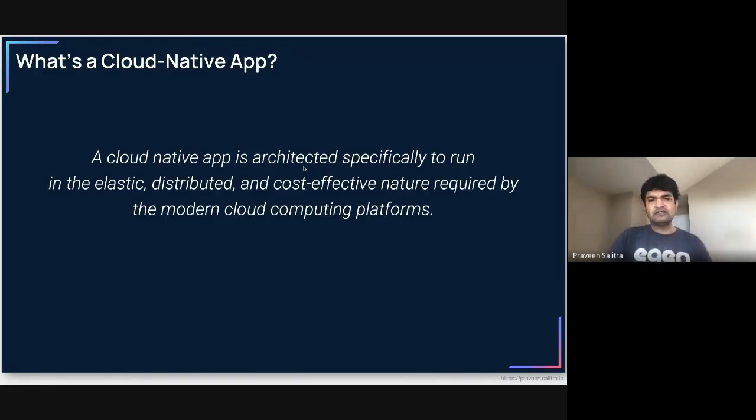So the 3 keywords here that you will see are elastic, distributed, and cost-effective nature. Elastic, because you may have heard the cloud provider provides you infinite scale. Of course, there is a finite thing there, but you don't have to worry about it. As a customer of these providers, you don't care where your servers are. You just put your credit card in, and then you assume things are available to you in order to scale.